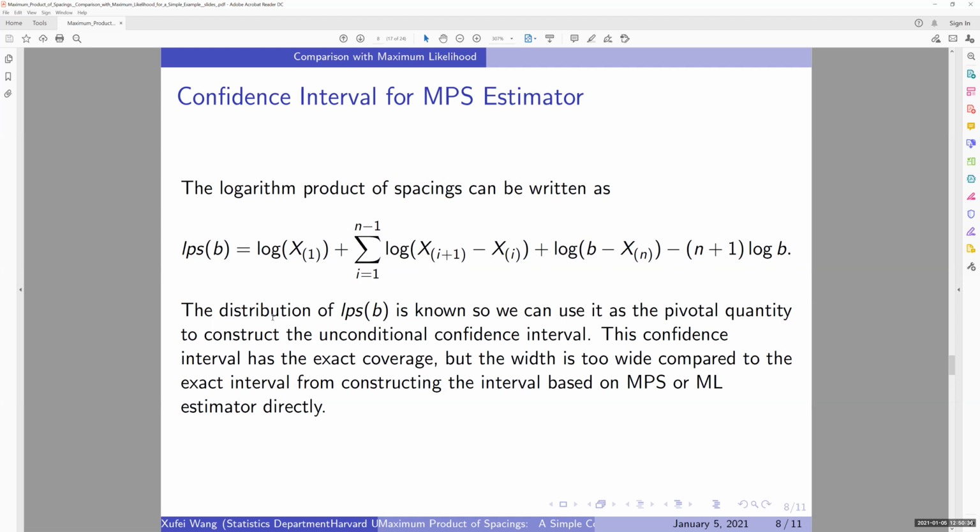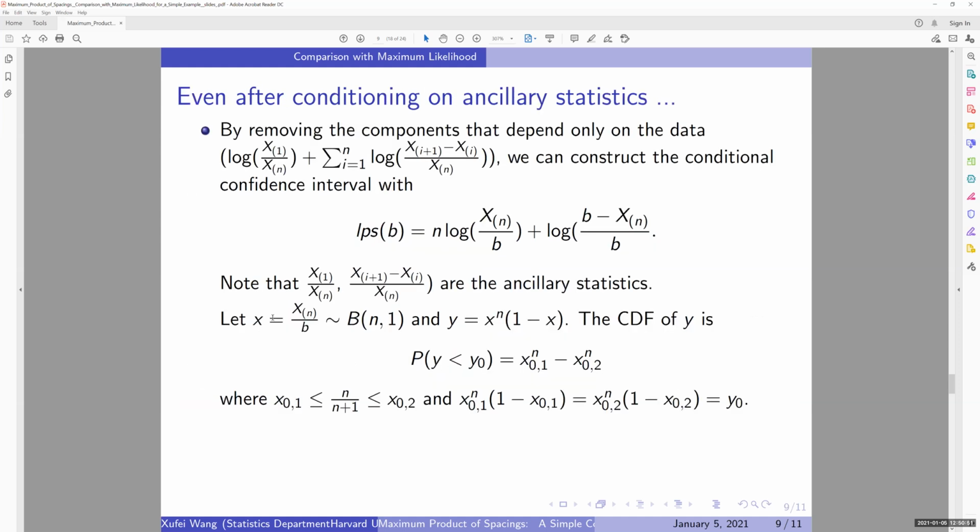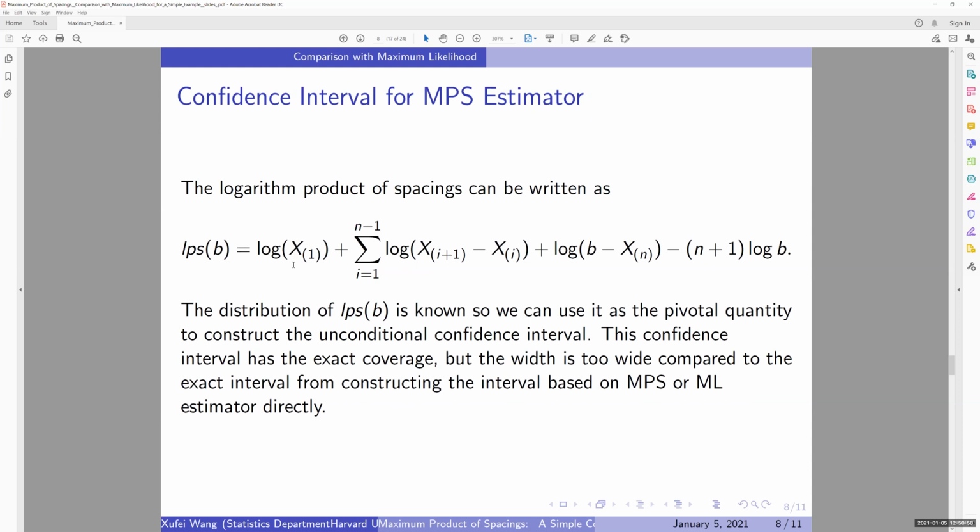The confidence interval can have the exact coverage, but by simulation, we find this confidence interval is too wide. It's much wider than the maximum likelihood estimation. So we use a conditional version of this product of spacings, because in this function, a lot of the parts do not depend on the parameter b, and only depend on the observations xi.